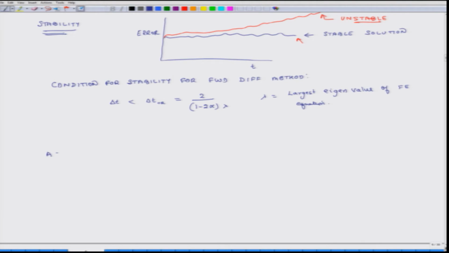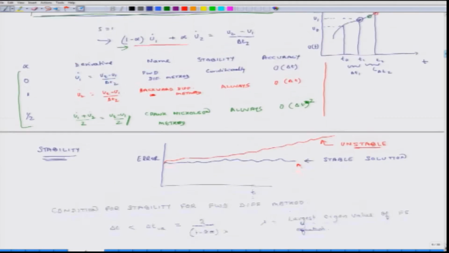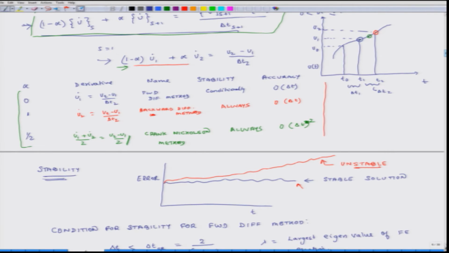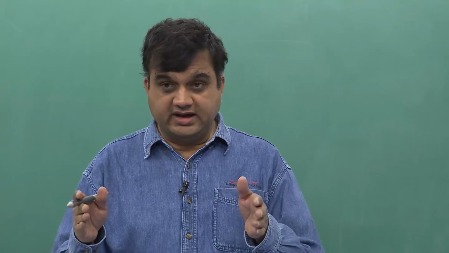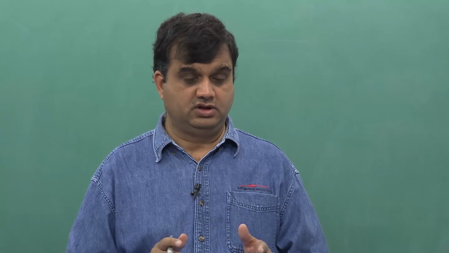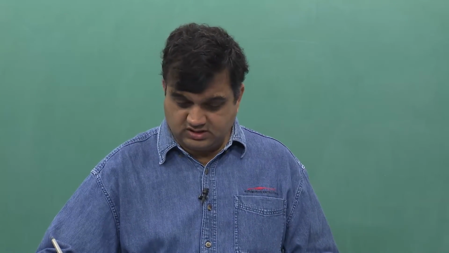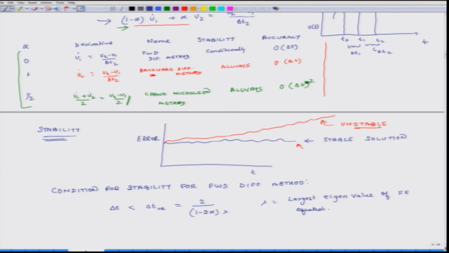The other one is accuracy, because this table also tells you how accurate a process is. Accuracy means the difference between the finite element answer and the exact answer. What this means is that for the forward and backward methods, accuracy increases linearly.